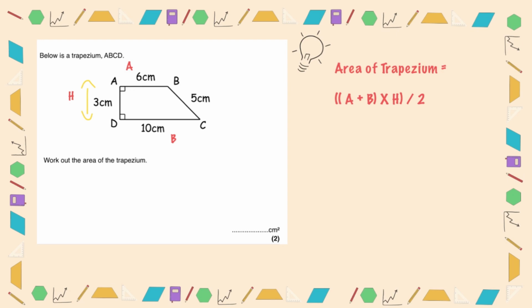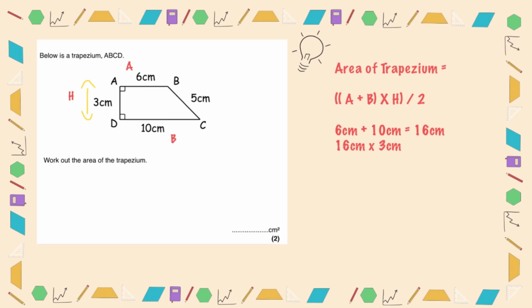Let's put all our numbers in. So it's 6 centimeters, add 10 centimeters, to give us 16 centimeters. Then we're going to do 16 centimeters times by our vertical height of 3 centimeters.